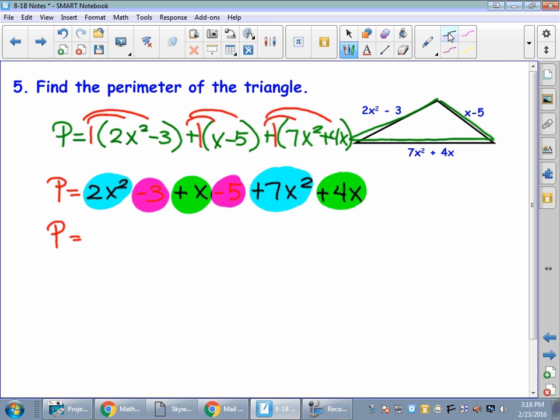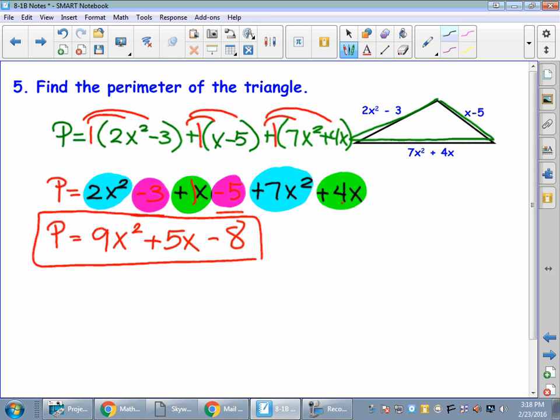So I'm going to add those together first. A 2x squared plus 7 more x squareds gives me a total of 9x squareds. Remember, the exponent doesn't change. I have 1x here and 4 more here. So I have a total of 5 x's. And then negative 3 and negative 5 makes negative 8. So this would be the perimeter of that triangle.